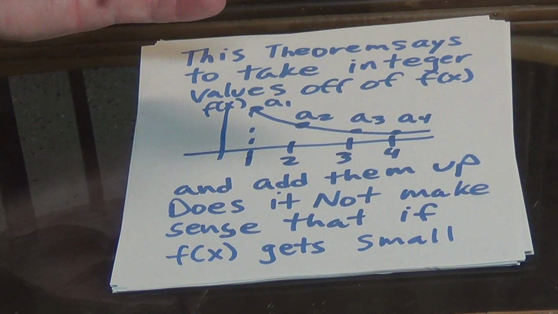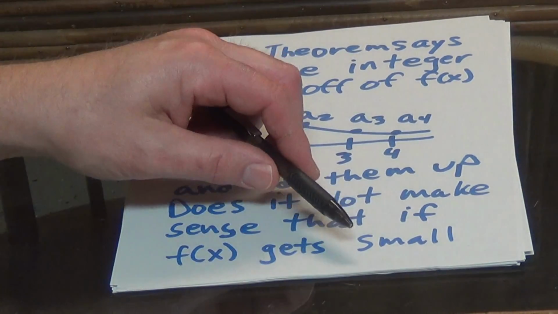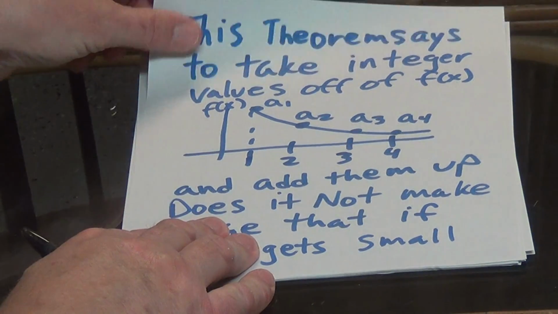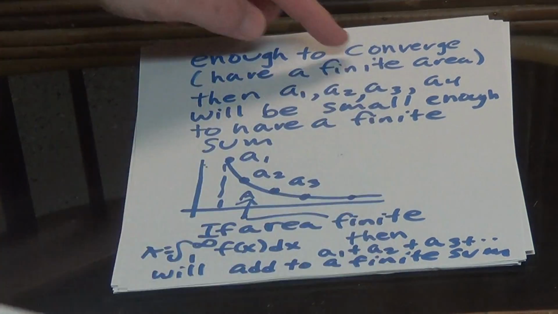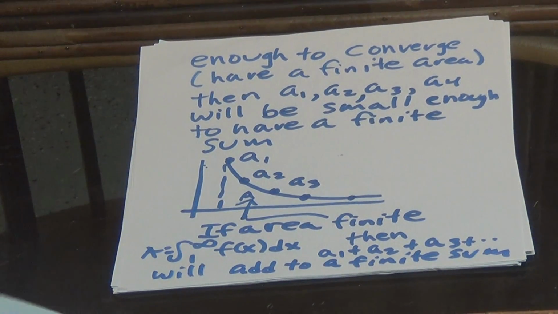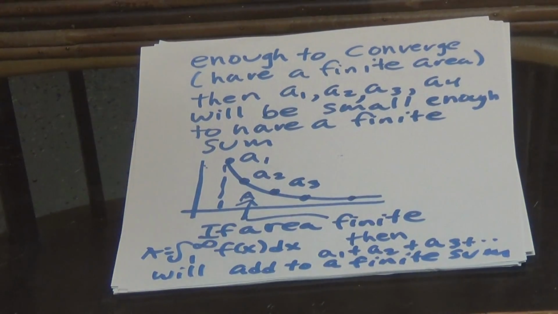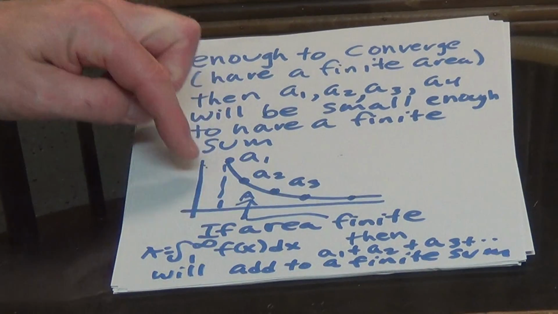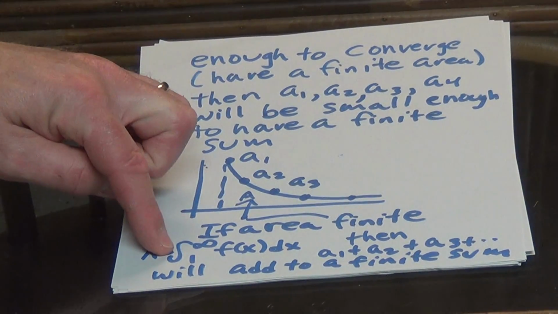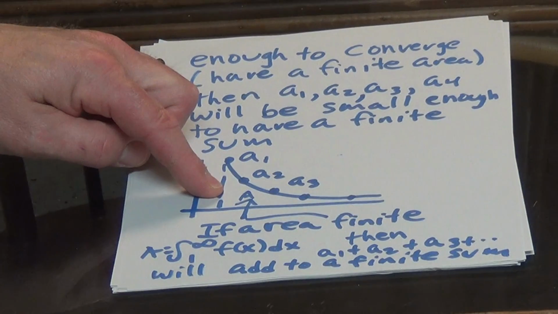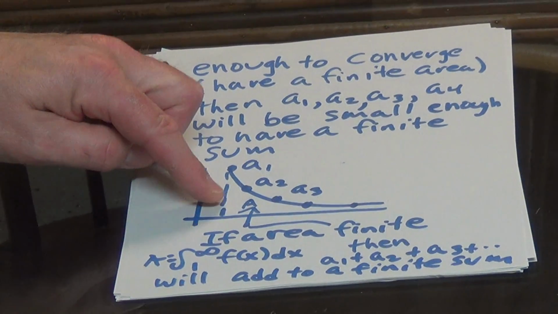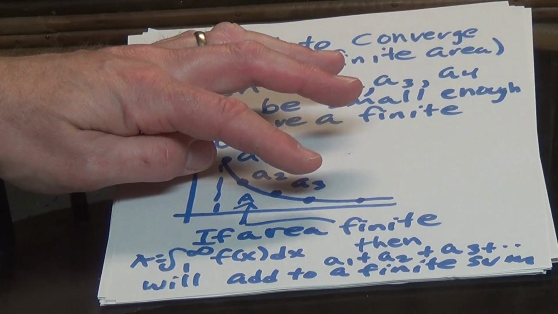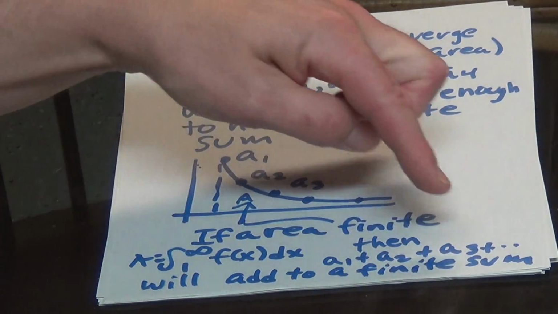Does it not make sense that if f of x gets small enough to converge and have a finite area, then the a1, a2, a3, a4 will be small enough to have a finite sum? So if the integral from 1 to infinity of f of x dx works out finite, so that this converges, then taking numbers off of a converging curve and summing them up will also add to a finite sum.